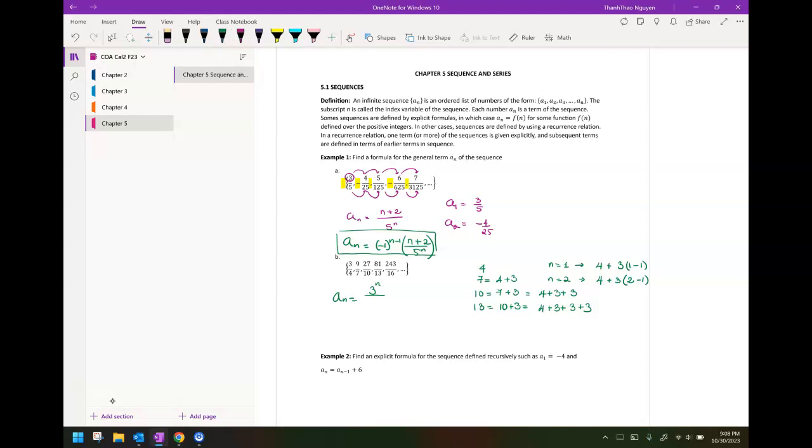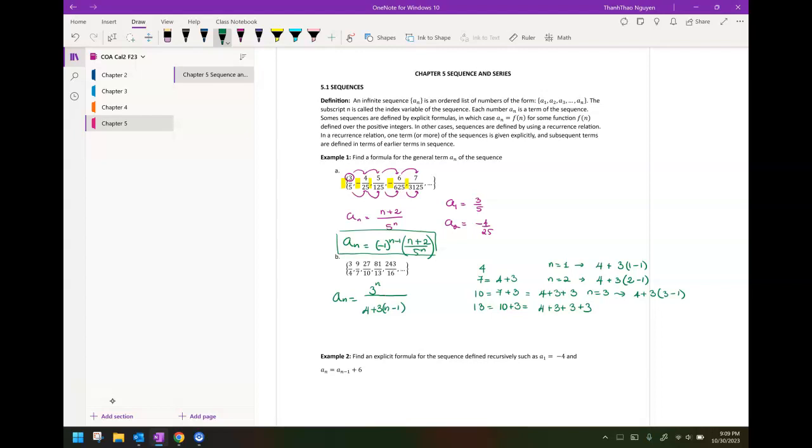For n equals 3, I'm looking at 4 plus 3 times 3 minus 1. So it seems like the denominator is 4 plus 3 times n minus 1. So that is our a sub n term.